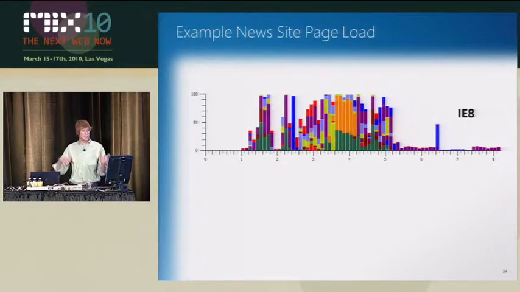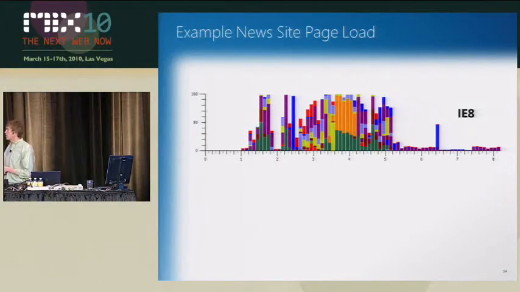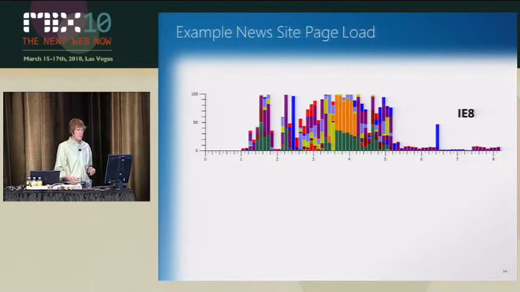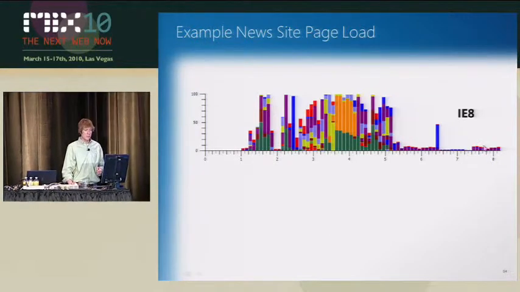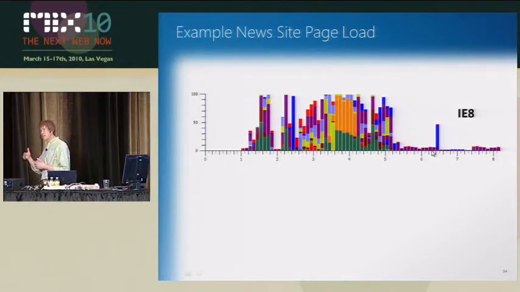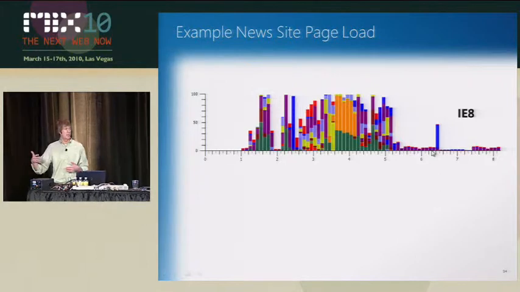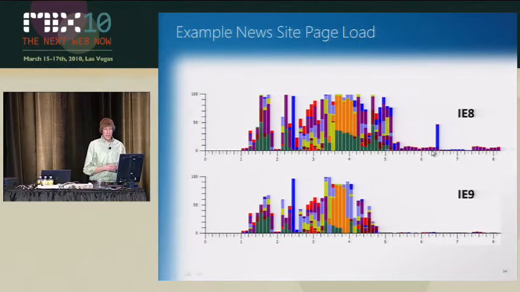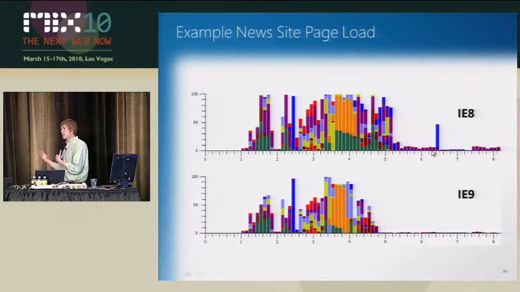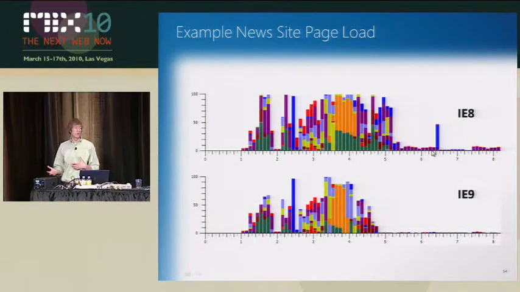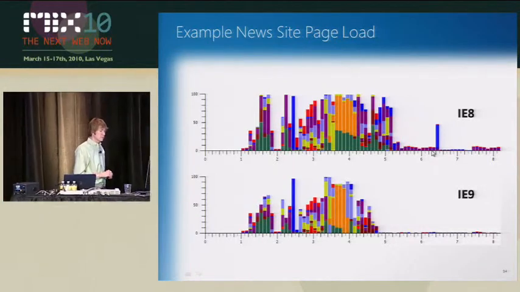Here's an example website that was loading in Internet Explorer 8. You'll see that this is the CPU time. And also on the right over here, you'll see these little purple charts, which is once the page has been loaded, it's going to continue to update visually the page. So that takes some CPU time. In Internet Explorer 9, you'll see that these architectural changes have significantly changed the way that sites run within the browser.